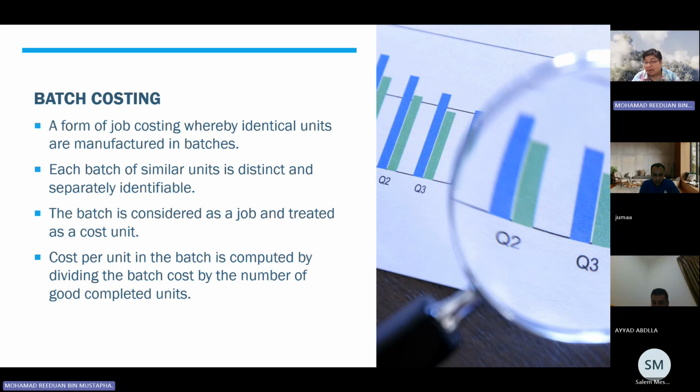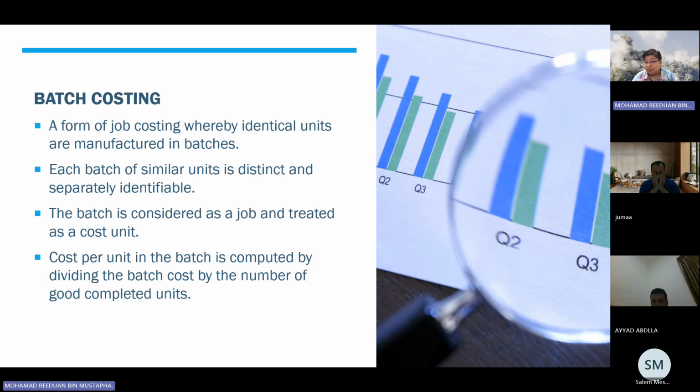But there's nothing wrong if you want to calculate per piece, although it's very difficult. But if your company manages to calculate because your system is very good at tracking all this, you're using an ERP, you're tracking even very small numbers, then you can calculate.